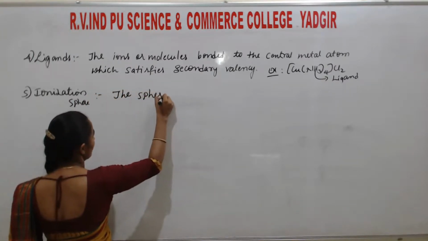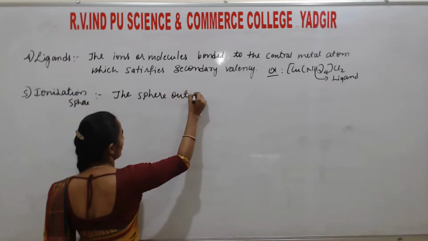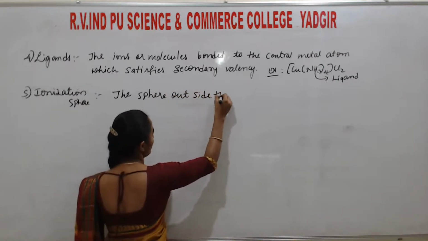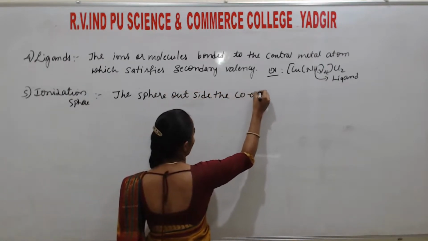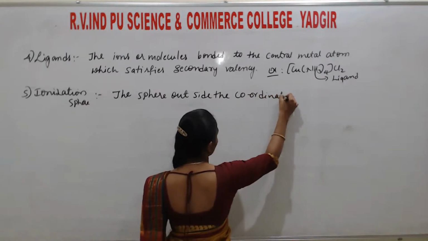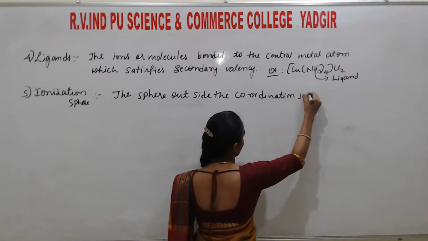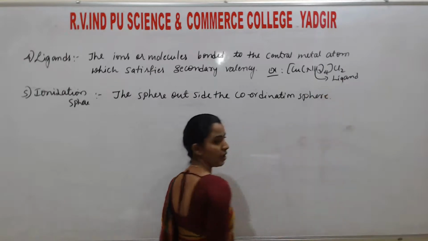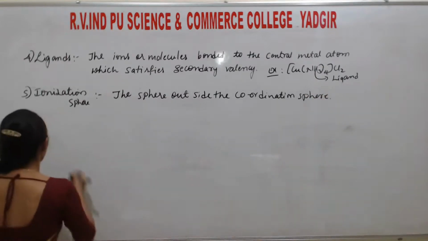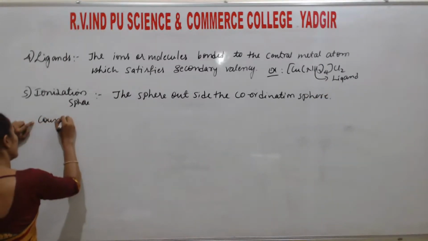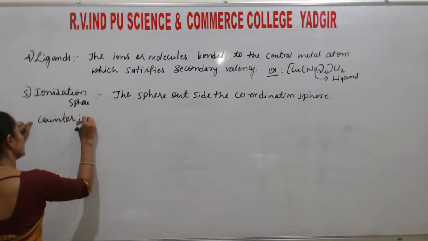The sphere outside the coordination sphere is called the ionization sphere. Or you may take it as counter ion also.